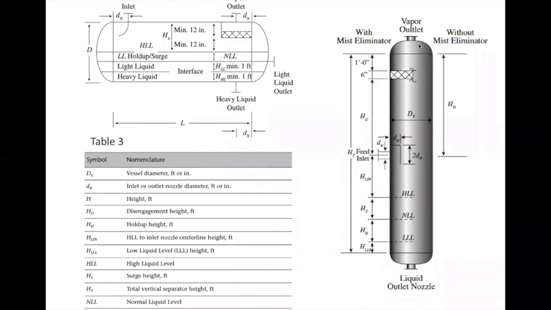And you see in the vertical separator, you have a mist eliminator installed here. It is always a design criterion that the mist eliminator should be 6 inches around, and there must be some space above the mist eliminator, 1 inch around. This is the design criterion for the vertical separator.